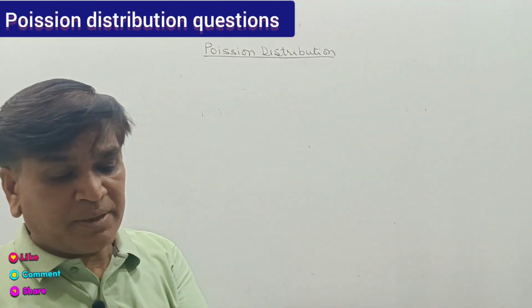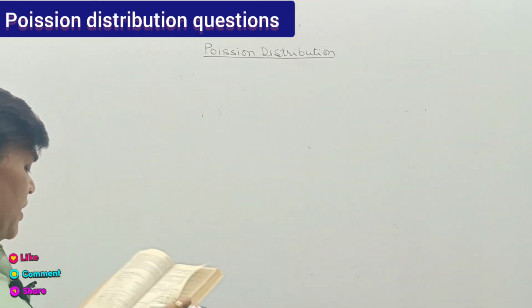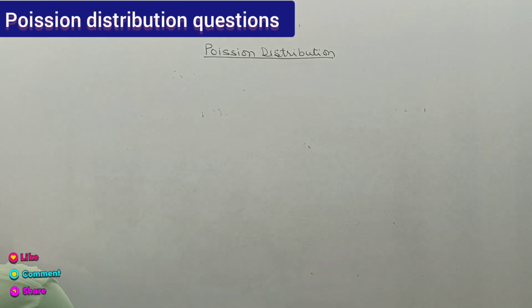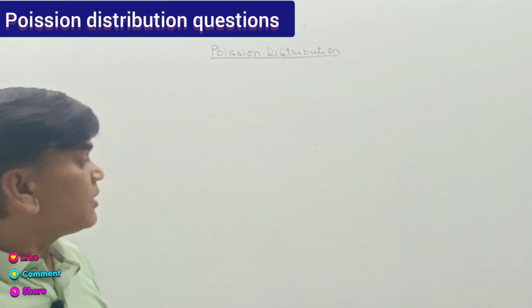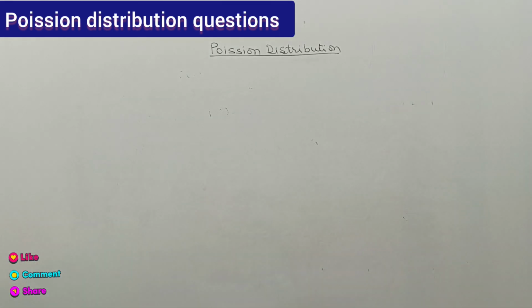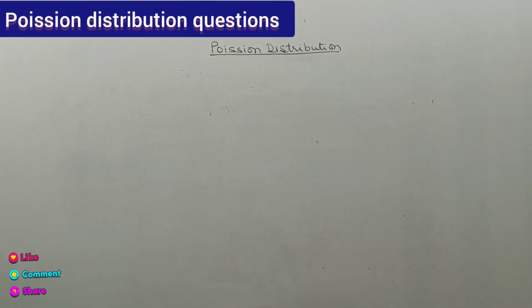The very first question is related to the Poisson distribution. Fit a Poisson distribution to the following data and also calculate the theoretical frequency.